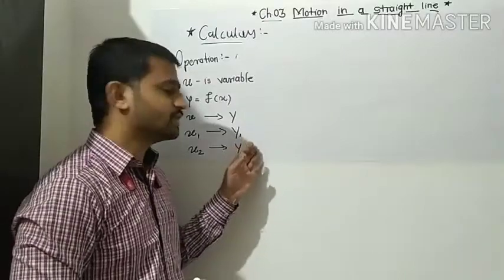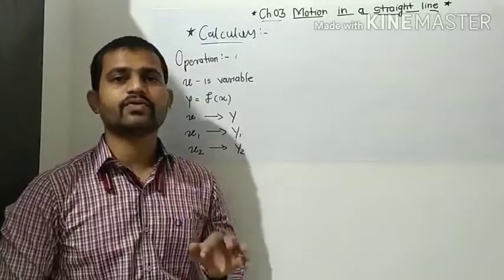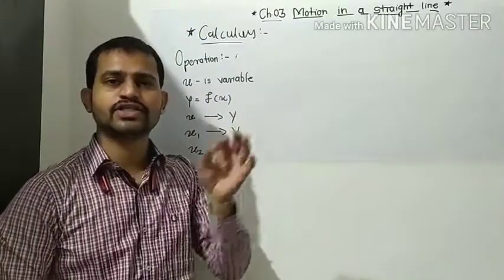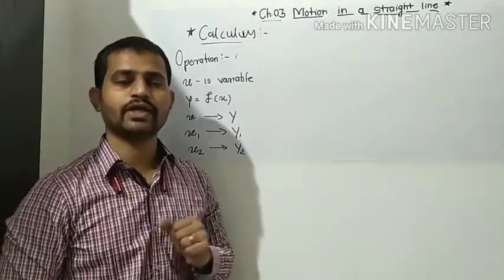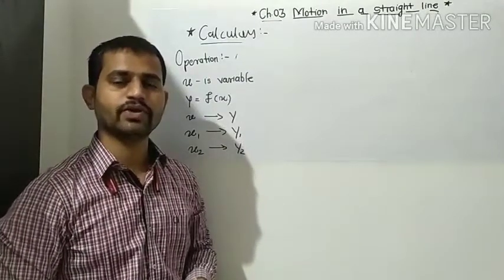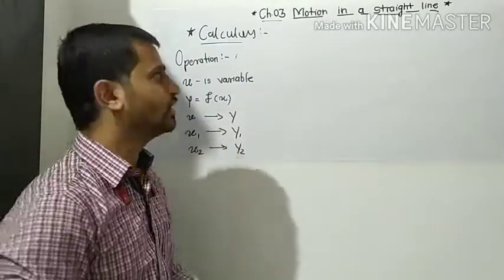But in this case it is very simple. But when we have to calculate a very small change in the value of y, then we have to use the calculus method.